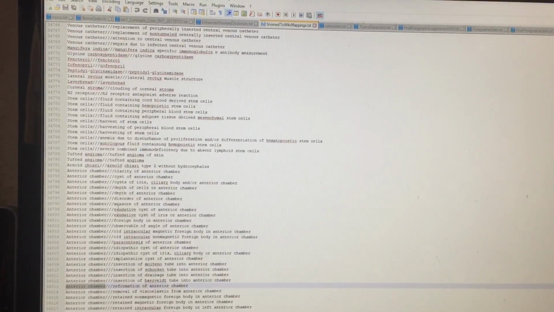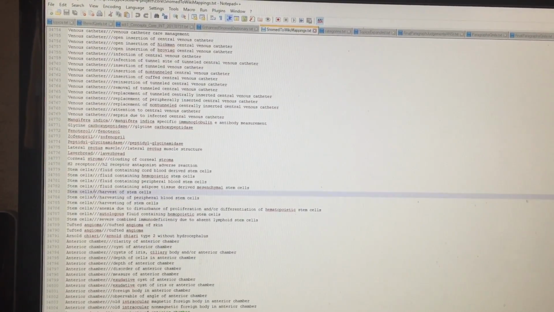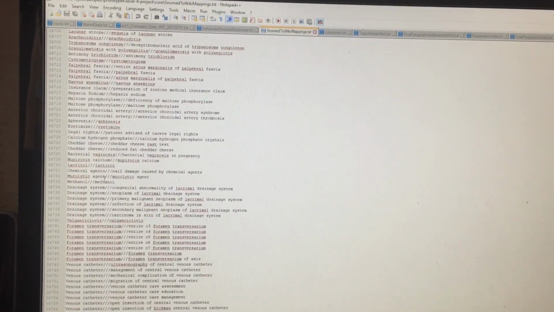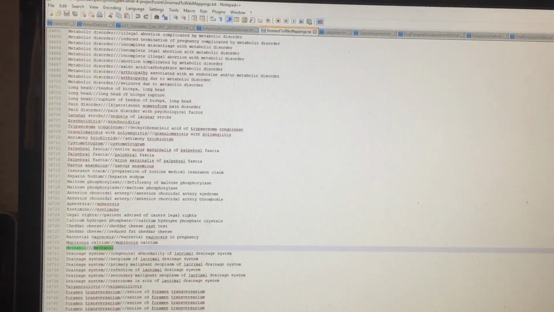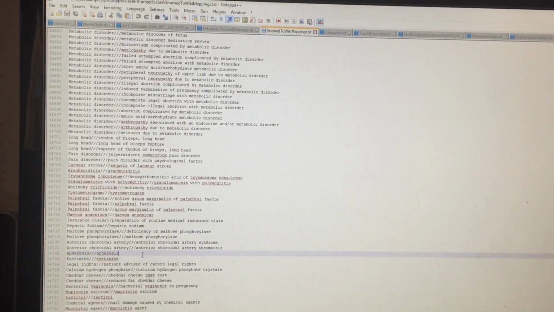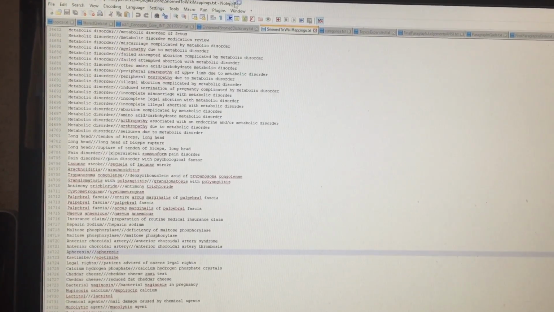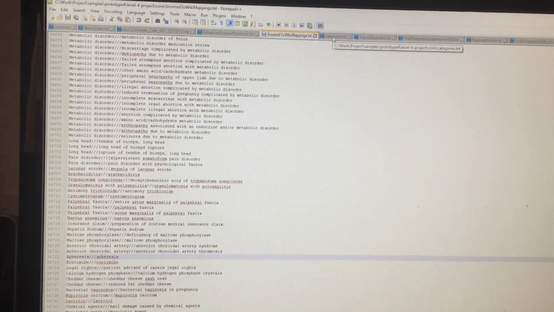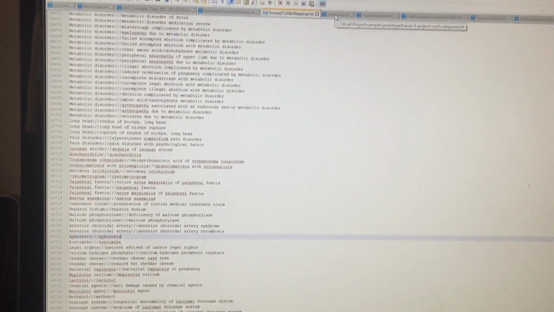As you can see, a lot of them map to interior chamber, which may not even be a medical entity. Stem cells. There are a decent amount of genuine medical mappings, a good amount such that MedLink can work.